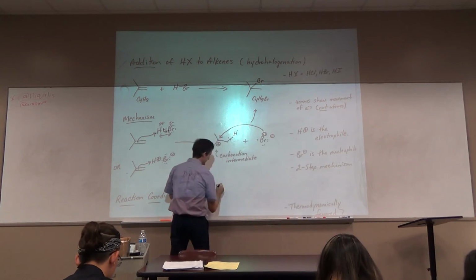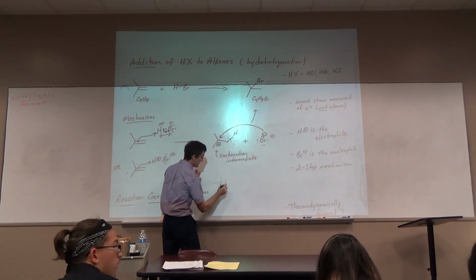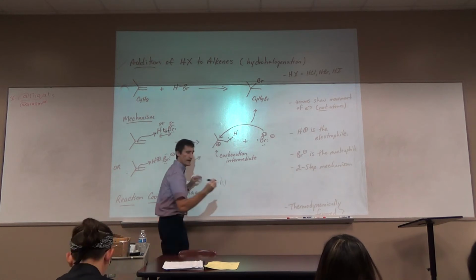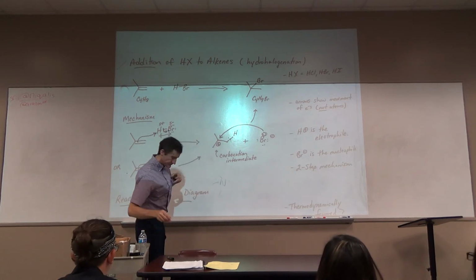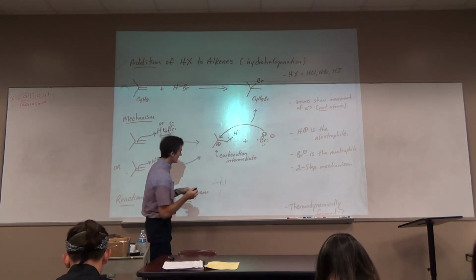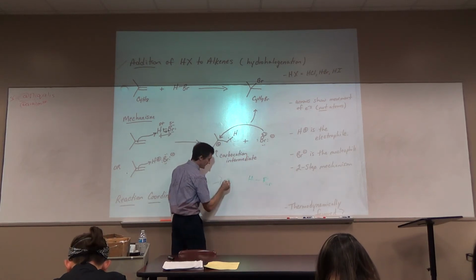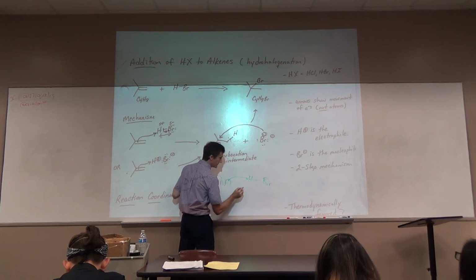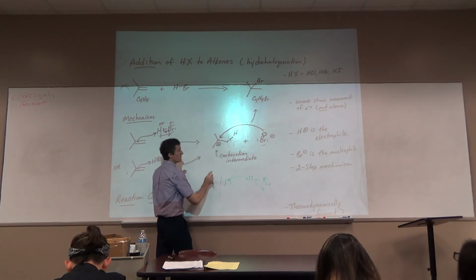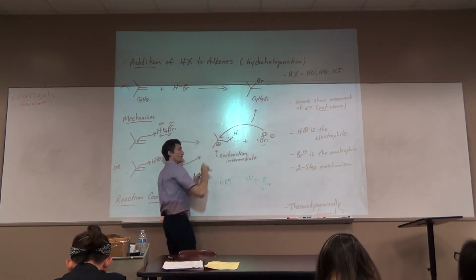Just like when we did acid-base, right, and we had maybe an amine, and we had like HBr, and we said these electrons go make a bond to H. Well, these electrons go make a bond to carbon.